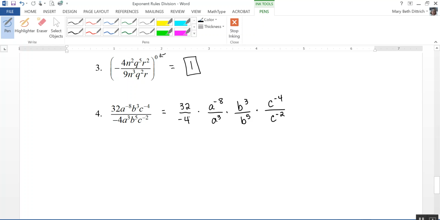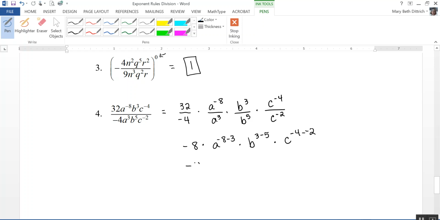Okay, 32 divided by negative 4 is going to give me a negative 8. This is going to be a to the negative 8 minus 3 times b to the 3 minus 5 times c to the negative 4 minus negative 2.